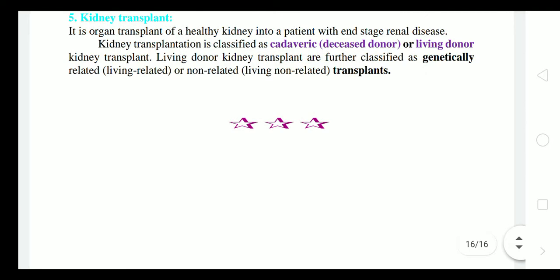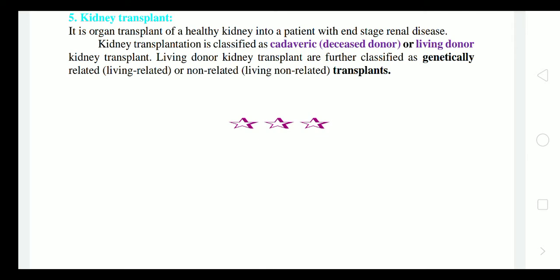Kidney transplant. It is the transplant of a healthy kidney to a patient with end stage renal disease, where no medication or any other method is useful for the patient. So the kidney must be transplanted. Kidney transplantation is classified as cadaveric, that is deceased donor, or living donor.